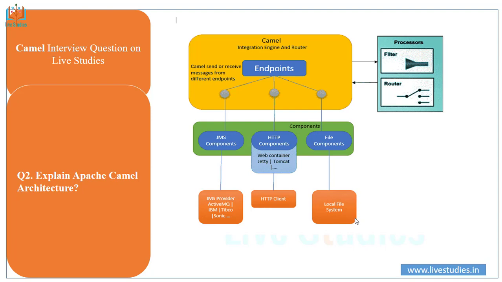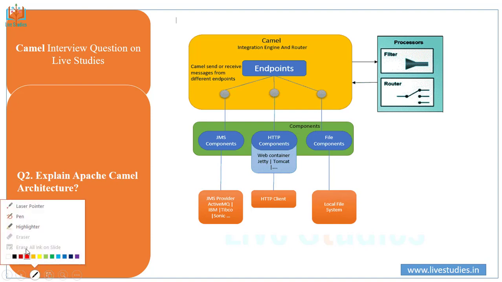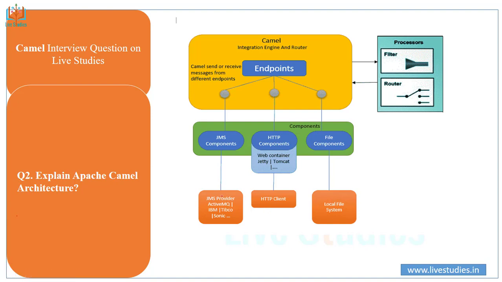For example, you can easily route from a JMS provider to HTTP or JSON.